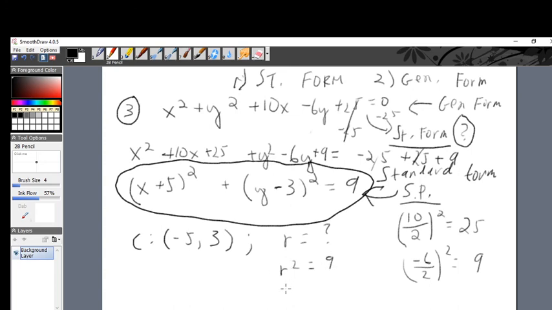Take the square root of both sides, and the radius is equal to 3. So I'm able to get the center and the radius once I put it into standard form. And what was the question? We went from general form into standard form. Okay, so that completes our story about equations of circles.